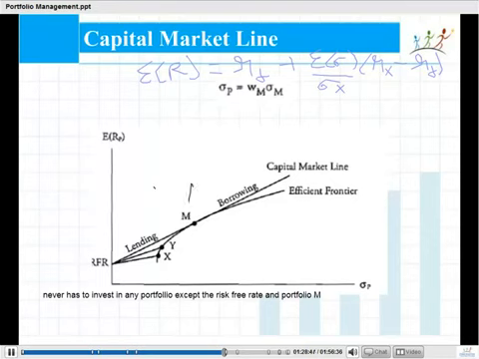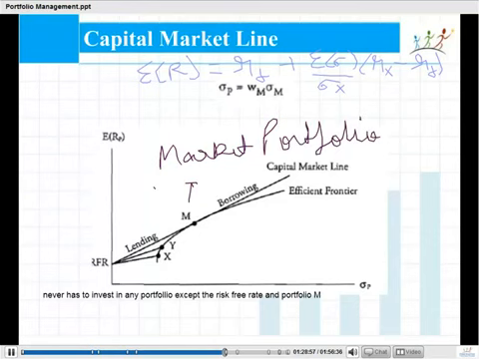So M is also called the market portfolio. Why is it called the market portfolio? Because portfolio M must contain some part of every investable asset.